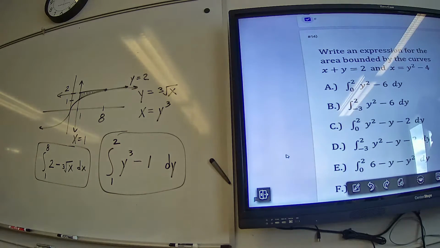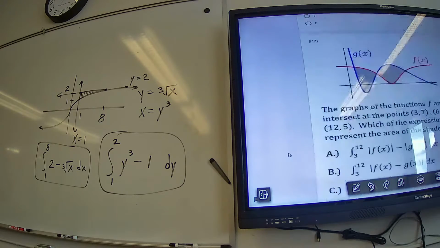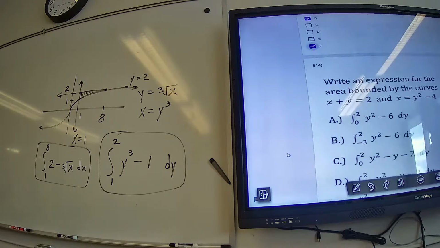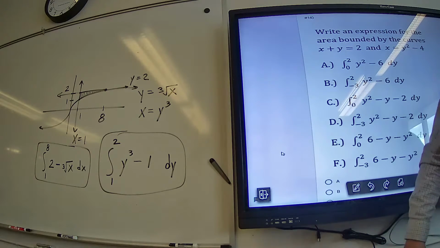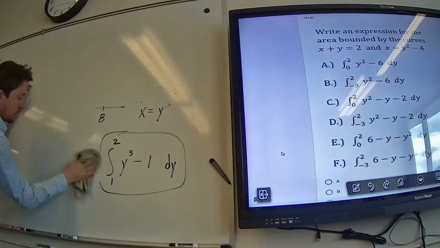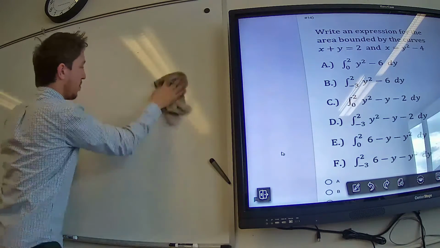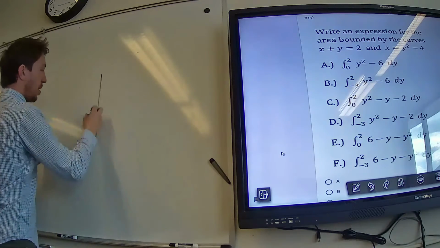We might not have time to get to every question. So if there's any more on here that you see, well, maybe we can. It'll be tight. We can finish though. Okay, so 14 is very similar to that. Notice they're all in terms of y. So all you want to do for this one is draw the curve, of course.